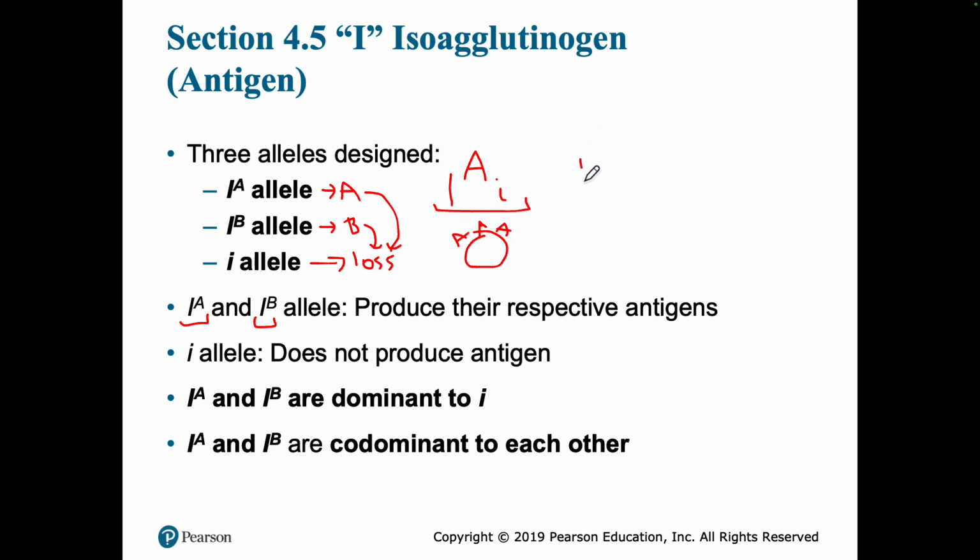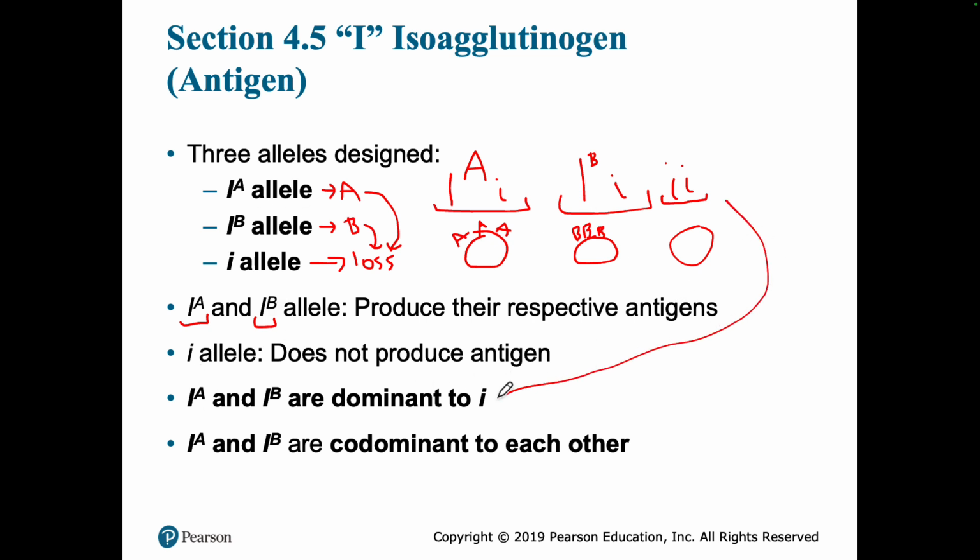And if you have an individual who has IB with the lowercase i, their blood cells will be B. And then if you have this poor person here, like me, their blood cells don't have anything. Okay, so that illustrates this relationship right here, that the A allele and the B allele are both dominant to the O allele.